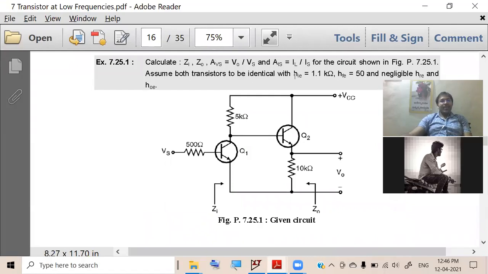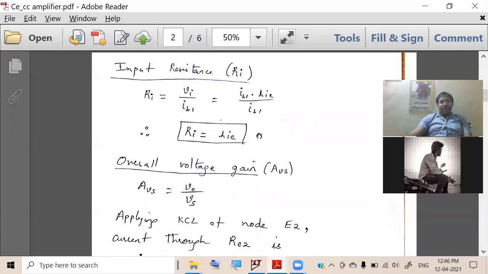HIE. What is HIE? See the question where HI is given. 1.1 kilo ohm, very good. So the first one we directly got. ZI is 1.1 kilo ohm. First one directly from this analysis we got.